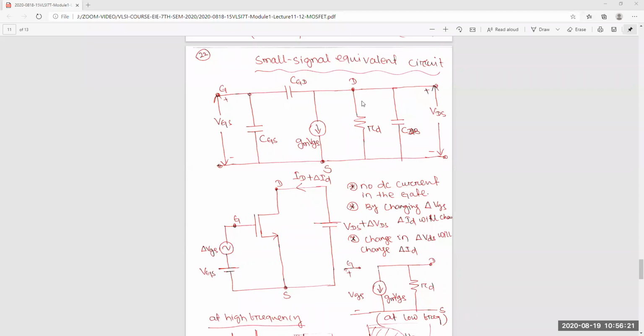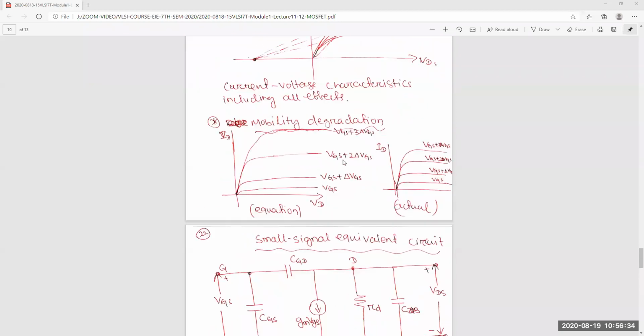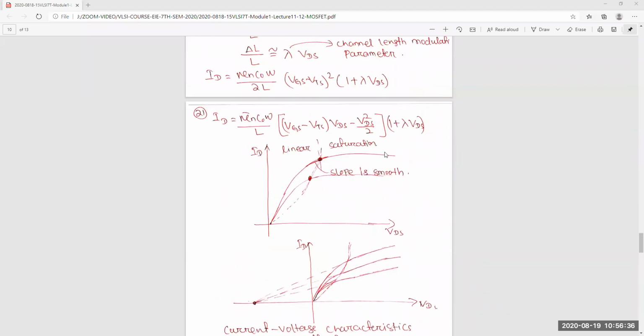Now come to this part. What is RD? When you are changing some VDS after the threshold point, what do you get? This type of current you are getting or not?